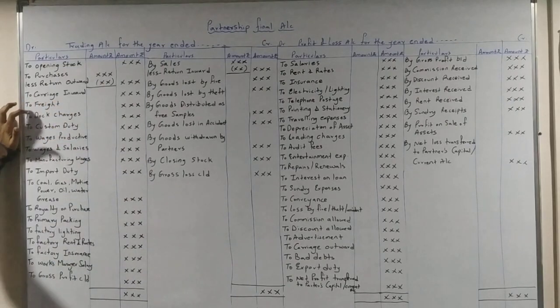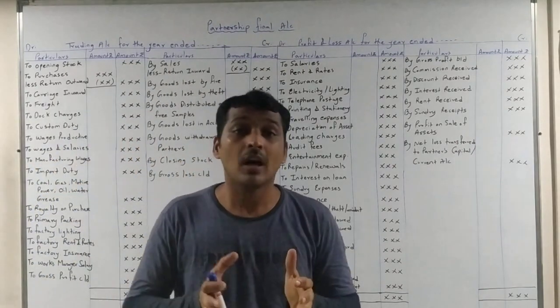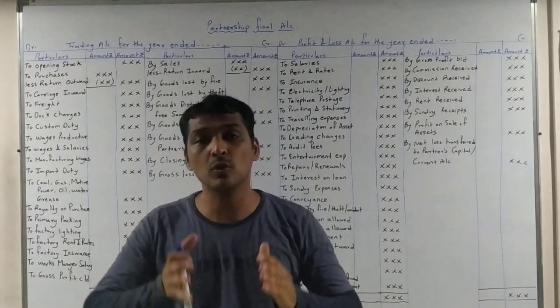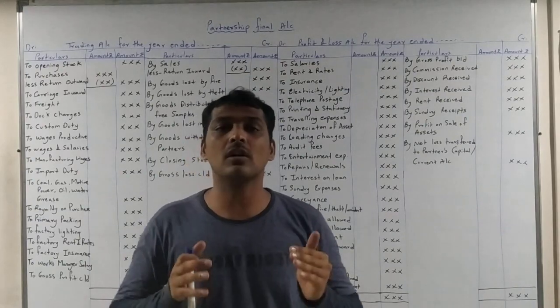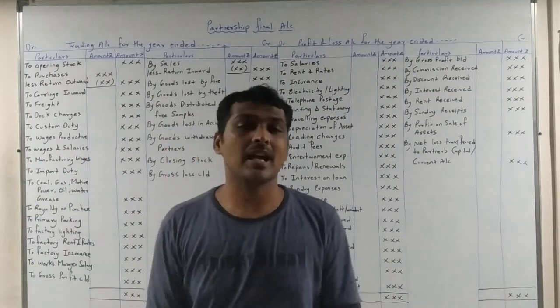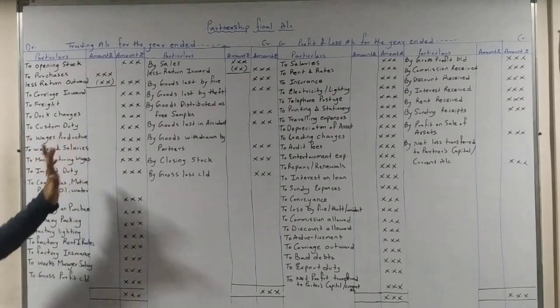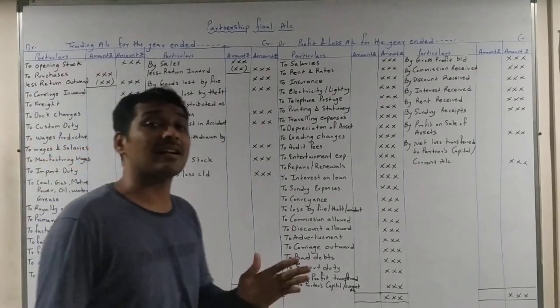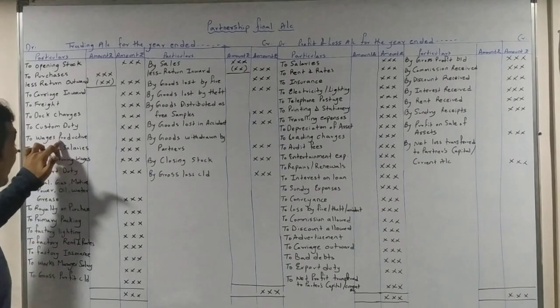Then freight is given, dock charges is given. So here we can simply say that all the expenses which are directly related to purchases or directly related to production are recorded under the debit side of trading account. Then custom duty, it is directly related to the goods. Then wages which are productive, that is related to production, are recorded under trading account.